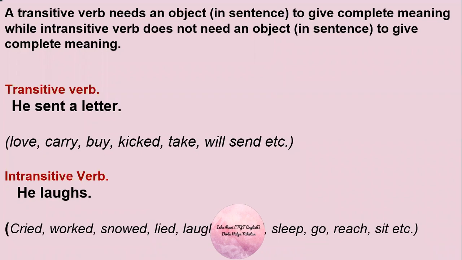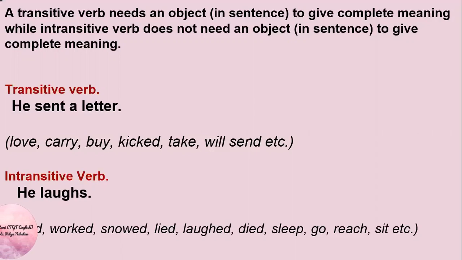So, a transitive verb needs an object to give complete meaning, while intransitive verb does not need an object to give complete meaning. You see, as example, a sentence having a transitive verb, he sent a letter. You can convert it into passive voice.